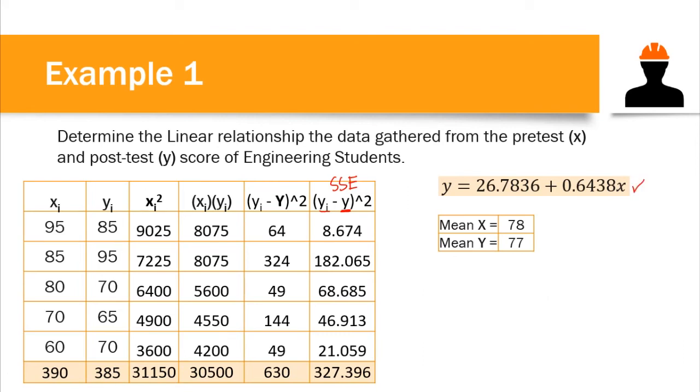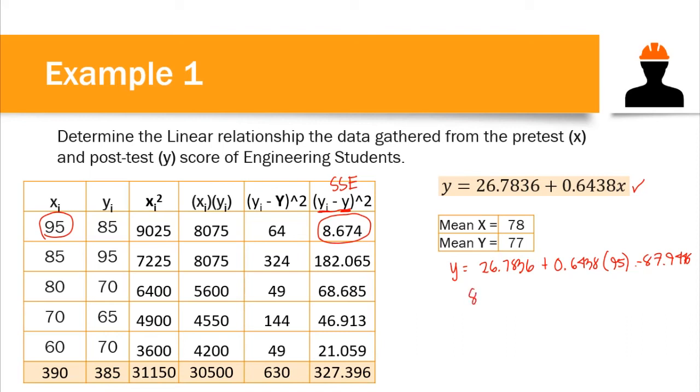For the first one, we have y is equal to 26.7836 plus 0.6438 times 95 for the first row. This would give us the estimated value of the post-test grade, which is 87.9446.